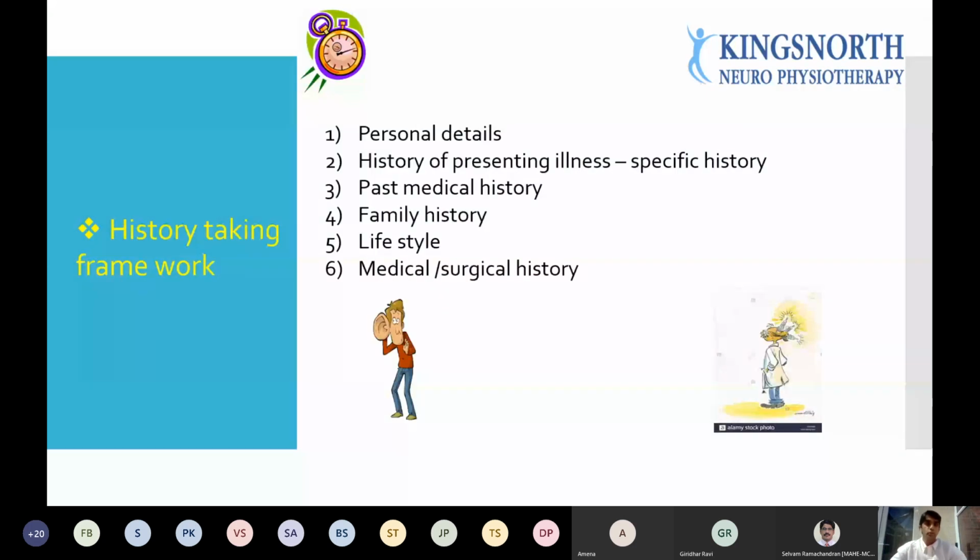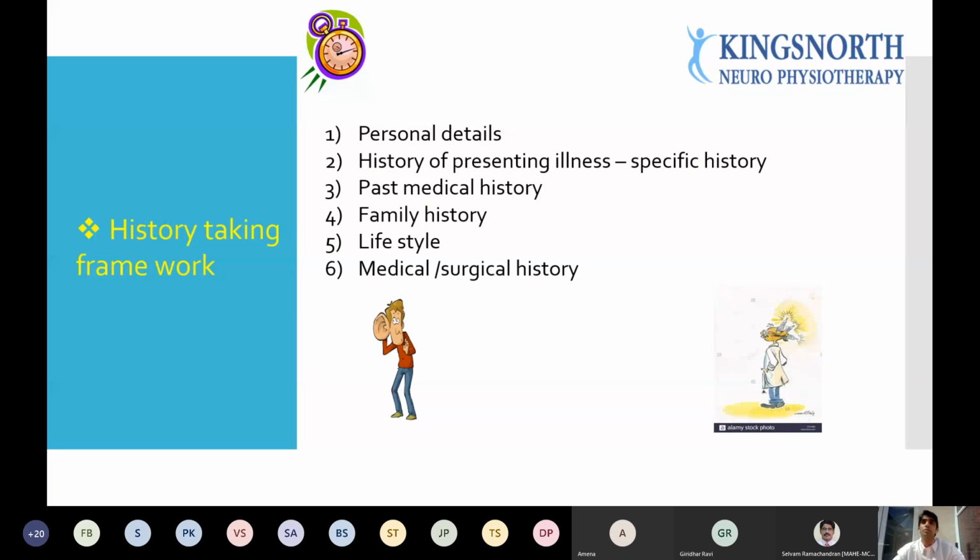And going down to the history taking framework. Now we have just talked about what we can think, but that's only the substance of what we are going to think in a neurological physiotherapy setup. But this is a history taking framework that will enable us to put things in the right place, because next time when we go and see, or next time somebody else wants to see that patient's history, they need to understand and be able to deliver the same level of quality for these patients.